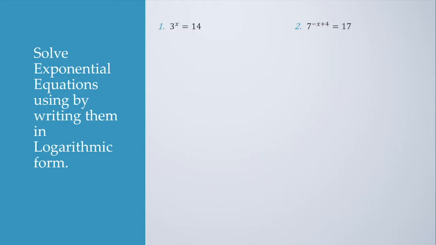We can also solve exponential equations by writing them in logarithmic form. So I can't think of anything nice, right? 3 to the x is 14. So what I'm going to do is rewrite this as a log.